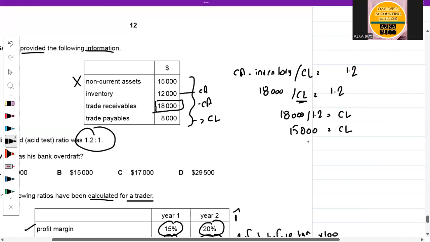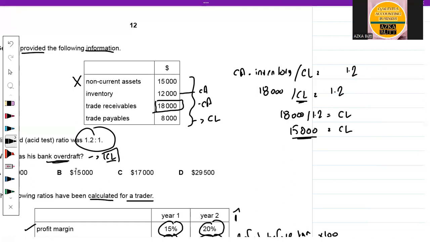So this is showing us the total liability, and they're asking us to find the bank overdraft, and we know that bank overdraft is a current liability. But we have the figure only for the total current liability.